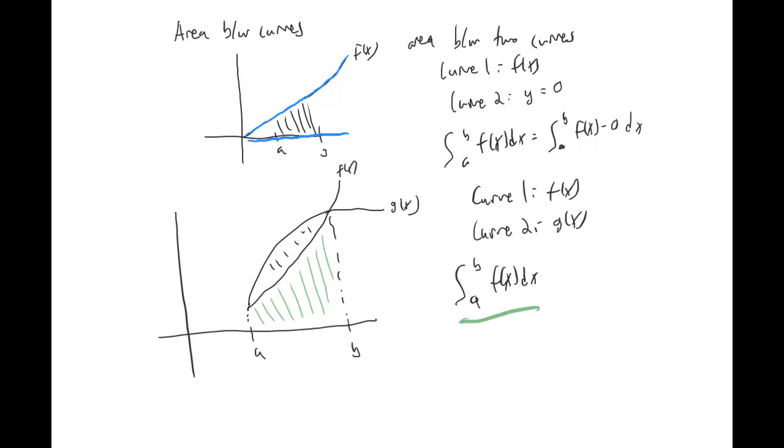Now, what is this? The integral from A to B of g of x dx. This is the area under what? Not a trick question. It's the area under g, so it's this part, right?